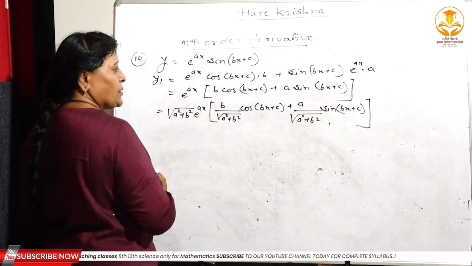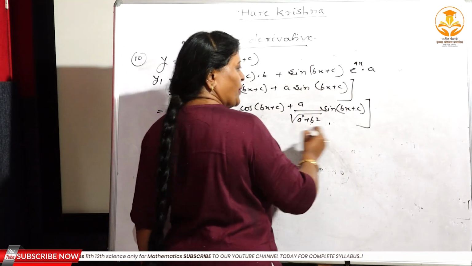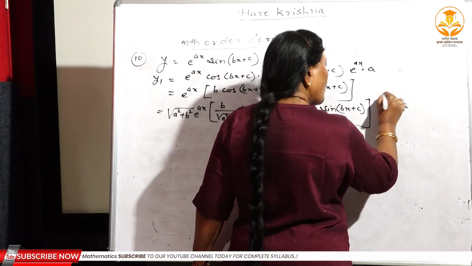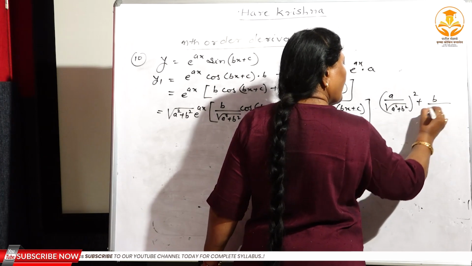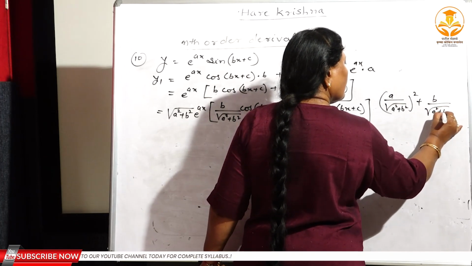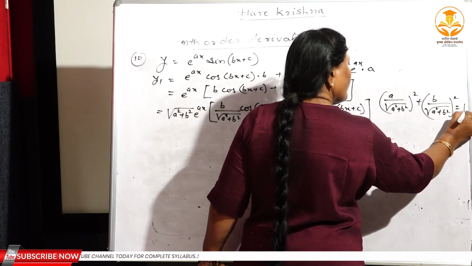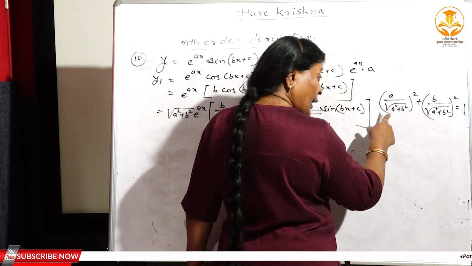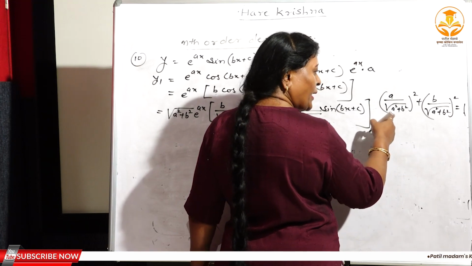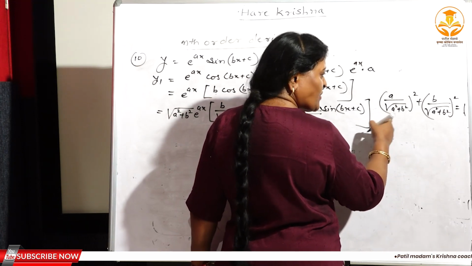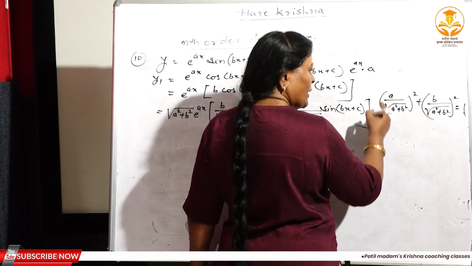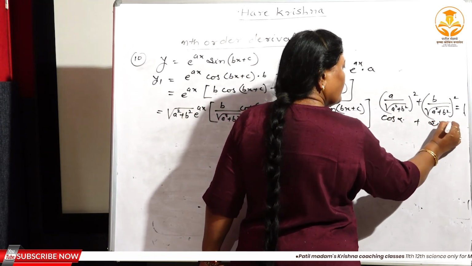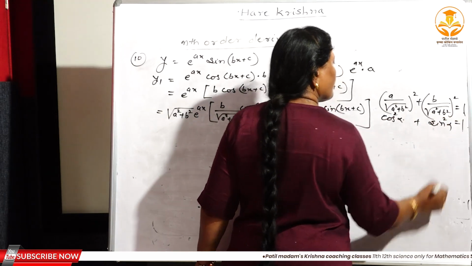Again, if you observe this, a divided by root of a square plus b square whole square and b divided by root of a square plus b square whole square, it is equal to 1. Therefore, this satisfies the trigonometric identity: if you substitute this as cos alpha and this as sin alpha, then sin square alpha plus cos square alpha is equal to 1.